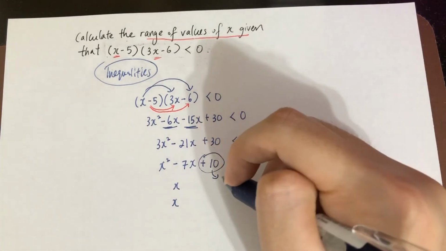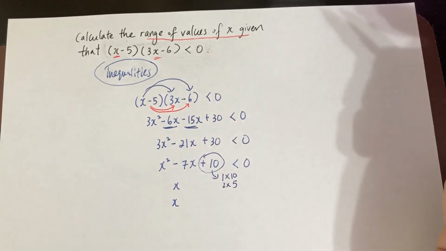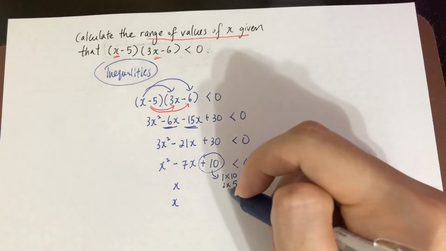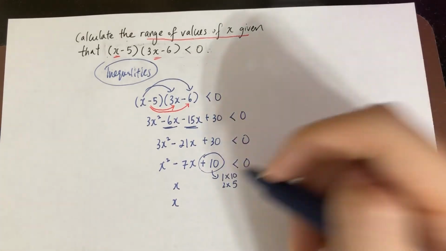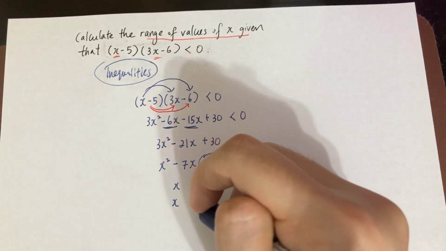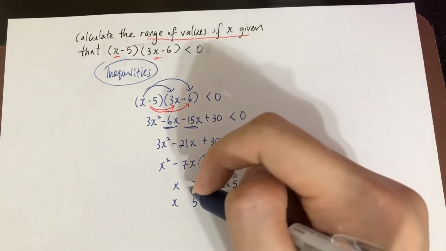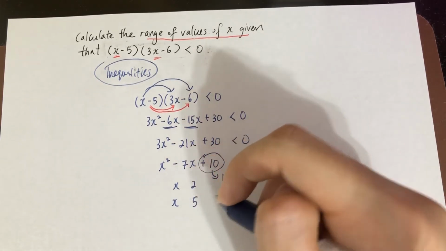So for 10, we have 1 times 10, and 2 times 5. 2 and 5 would possibly give us a 7 later on. 1 and 10, not quite. So the two possible factors will be 2 and 5. Let's just ignore the signs that each of them will take for now, and do a cross multiplication.